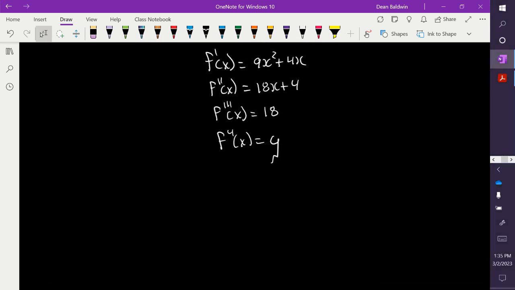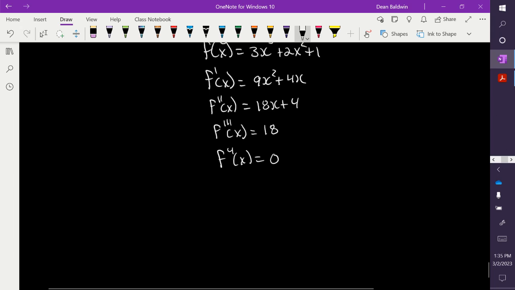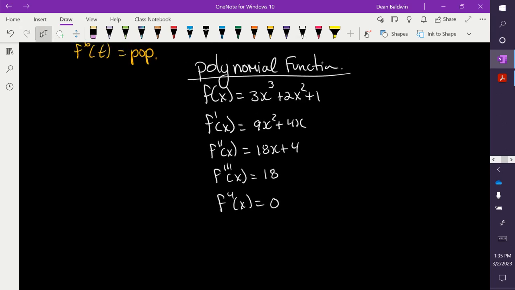Oh my gosh. It goes to 0. And then the derivative of 0 is 0 because it's a constant, right? So look at the degree of the polynomial. What's the degree of the polynomial? How many derivatives do I have to do to get to 0? Plus 1. It's the degree plus 1.